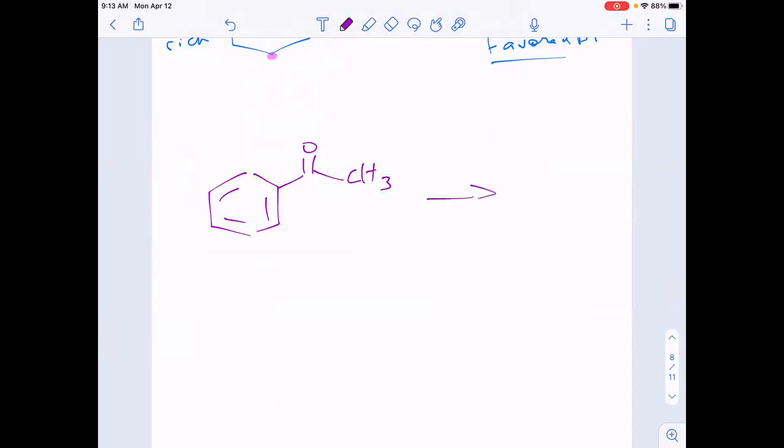Let's say I brominated that. What type of effect is that acyl group going to have on the ring? Is it a donor or is it an acceptor?